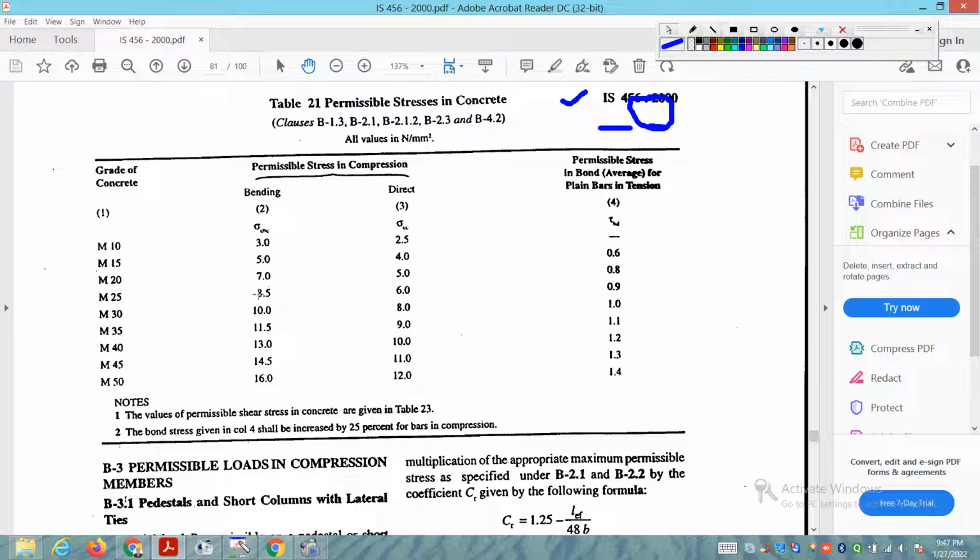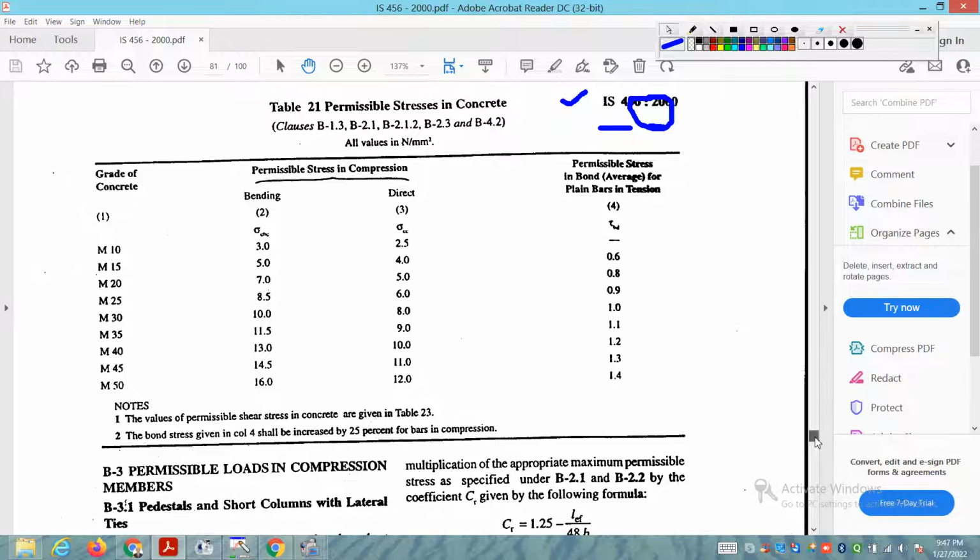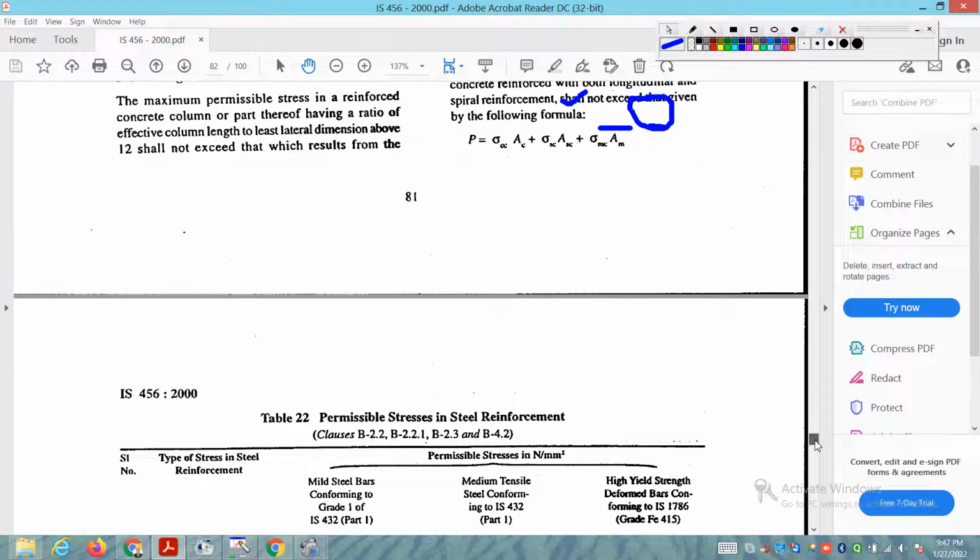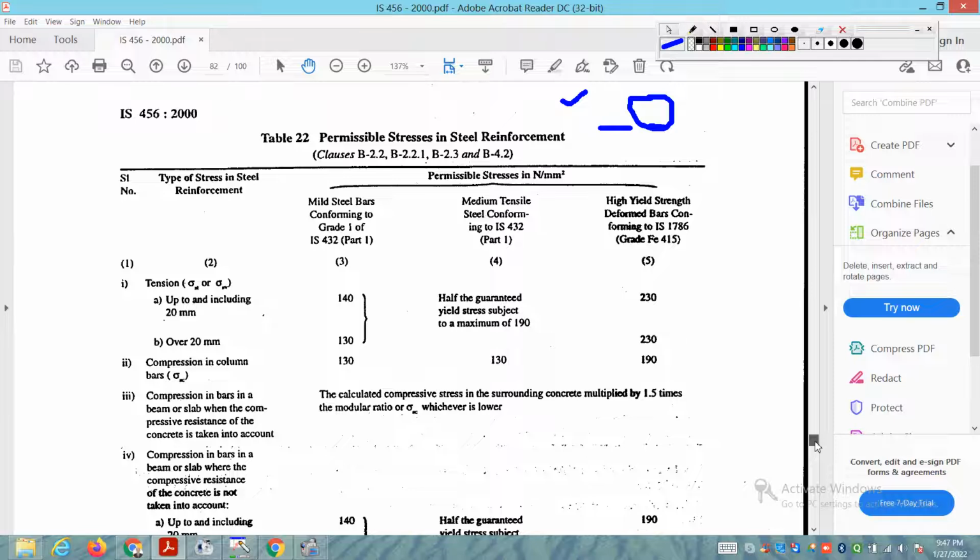So you have to choose the values from these standard tables. This is for the working stress method only. Then stress in steel in tension, these values are given, 140 and 230. For high yield strength deformed bars, 230 megapascal. For mild steel, 140 megapascal, right?